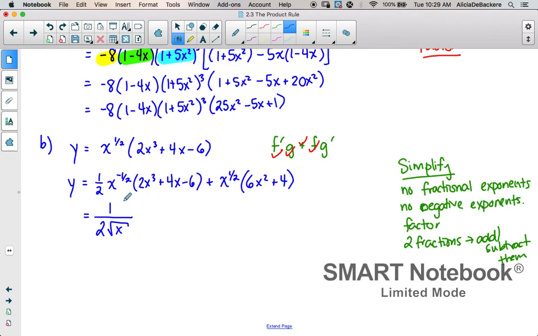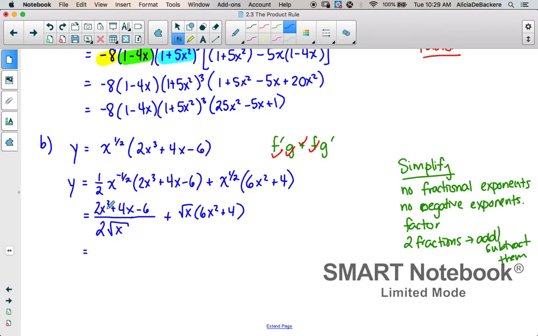You could also, instead of writing a 1, this whole expression here is going to join it on the top, right? It's in the top. There's no negative exponent. So I'm going to do that. Joining it. And then over here, I've got the square root of x times this bracket.